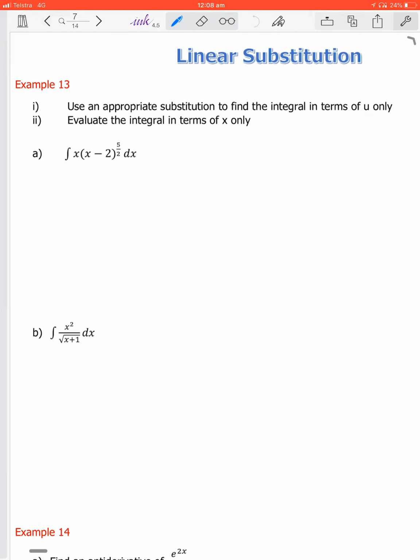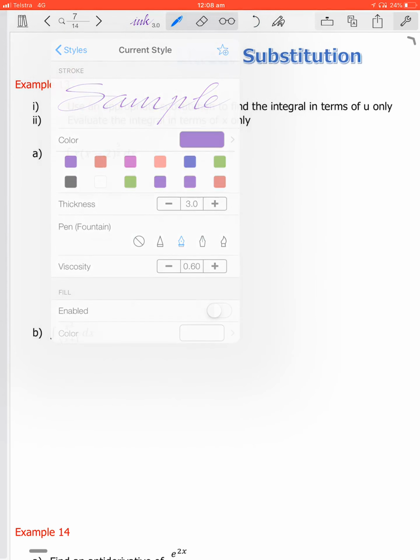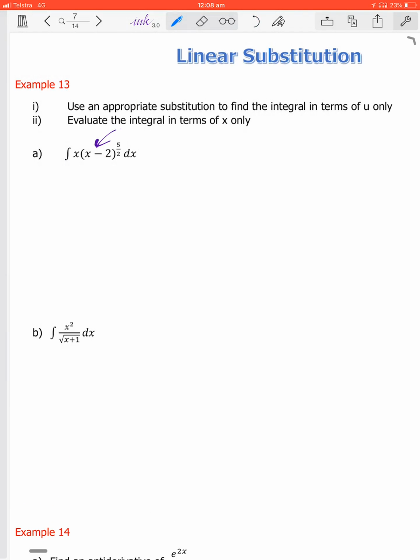If you can see here, we can always make a linear substitution. Okay, if we've got x minus 2, and we let u equal x minus 2, du dx will just equal 1.